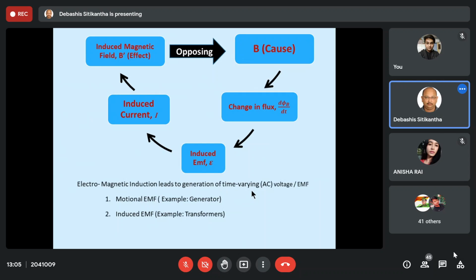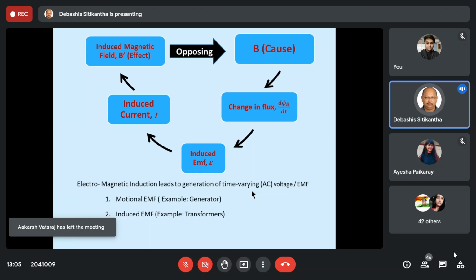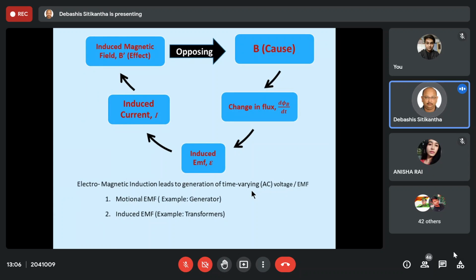Okay, fine. So by now we have studied Lenz's law, and I have explained what it says. If there is a magnet and it is changing, it is associated with a magnetic flux. A change in the flux leads to induced EMF, and if the coil is a closed circuit connected to some load, some current circulates through the coil, known as induced current.